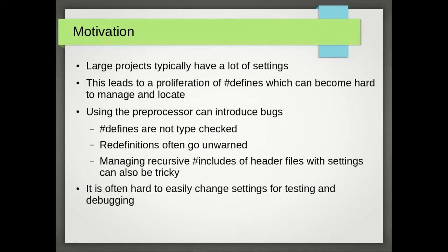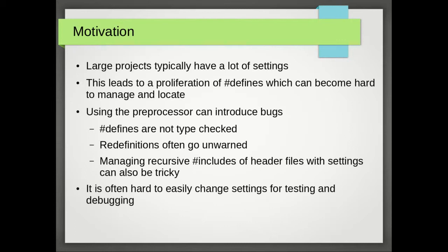Also, when you accidentally define something twice, that goes unwarned with most compilers, and the second value will either just get overwritten by the first value or the other way around. And that can also lead to some strange bugs.